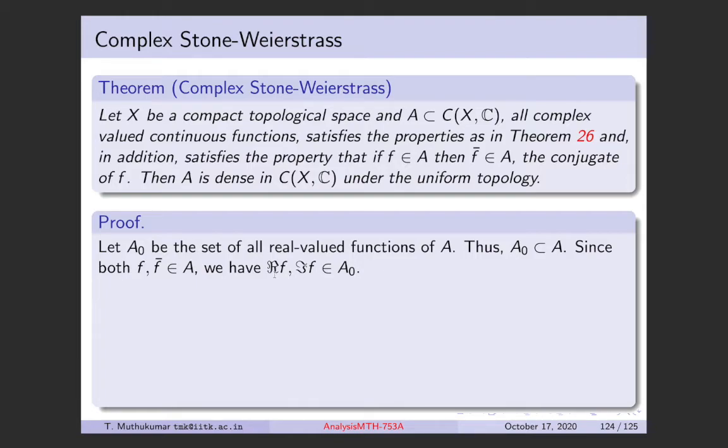Because both can be written in terms of f and f bar: the real part of f is (f plus f bar) over 2, and the imaginary part of f is (f minus f bar) over 2i. They are all subspaces, so this is valid. So the real part of f and the imaginary part of f belong to A0.